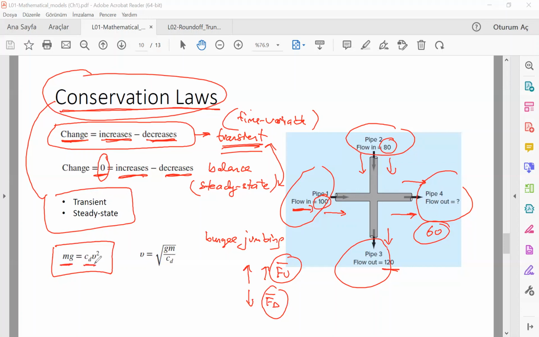So mg is equal to CD v squared, and then we can write the velocity in terms of the mass of the body, the acceleration of gravity, and the drag coefficient. That is the steady state condition, which means that the person after jumping, at some time instant t, will be stationary.